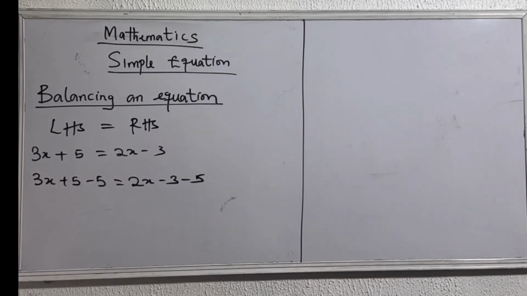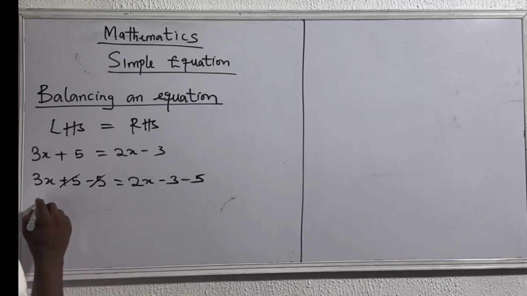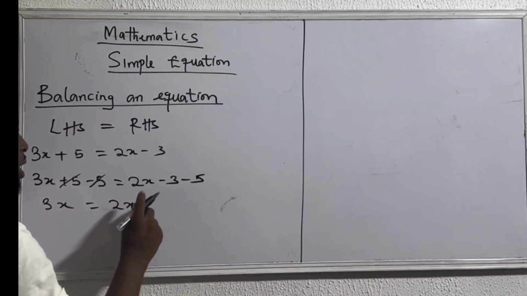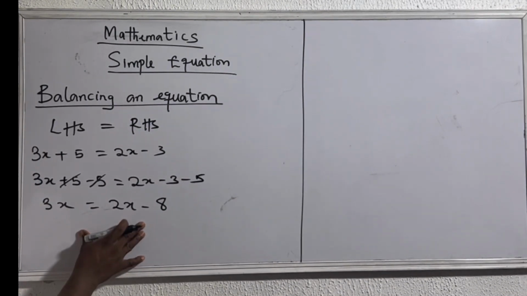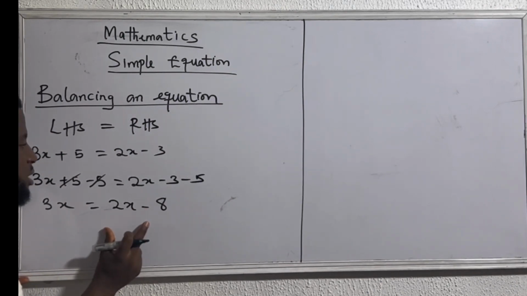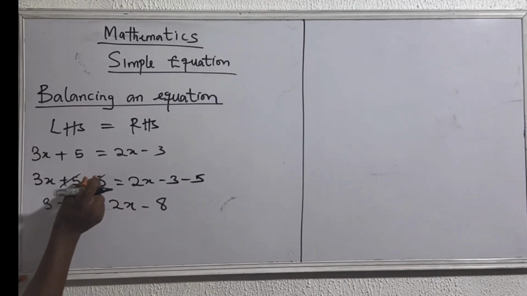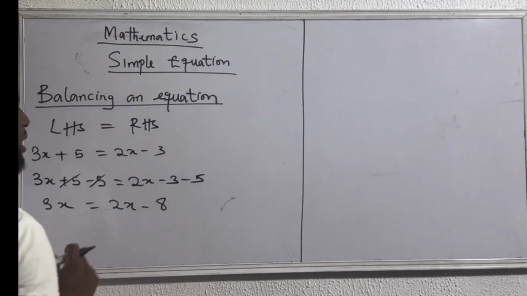It is balanced. Right? So if I go ahead with this, I'll have +5 - 5 is 0. So I'll have 3x left on the left hand side = 2x - 3 - 5 is equal to -8. So this equation is balanced because it is a resultant from an operation that was done on the left hand side as well as on the right hand side.